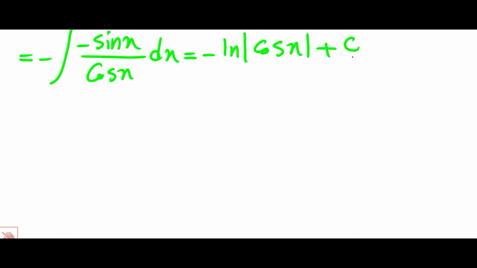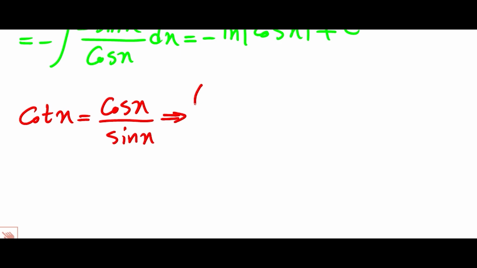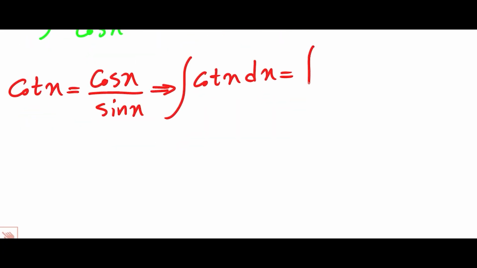And again, we know that cotangent of x equals cosine of x over sine of x. So the integral of cotangent of x dx equals the integral of cosine of x over sine of x dx.